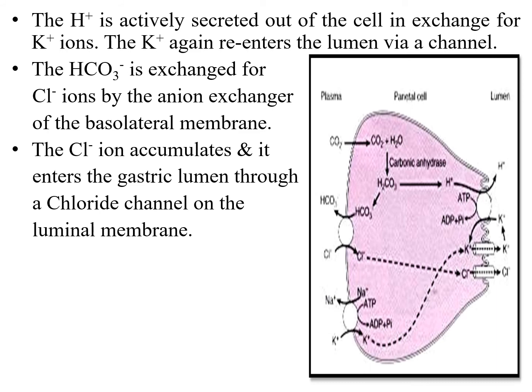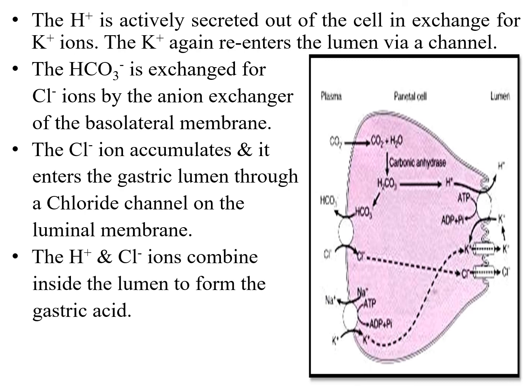So now both the H plus and Cl minus are present in the luminal side of the gastric parietal cells, and now they can combine inside the lumen of the gastric gland to form HCl and do its job in digestion and innate immunity.